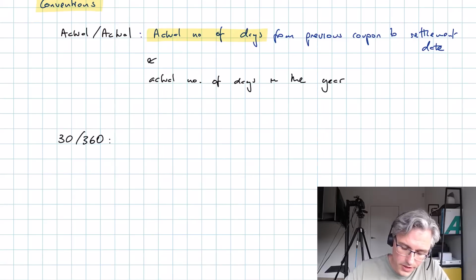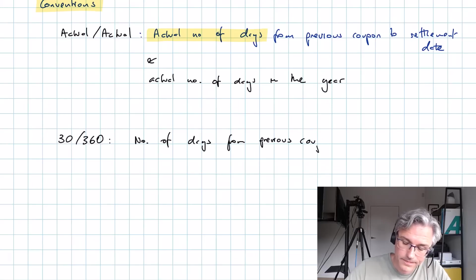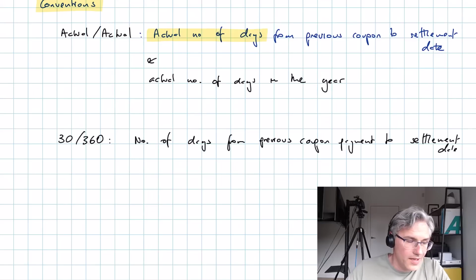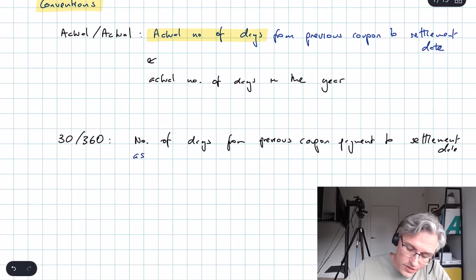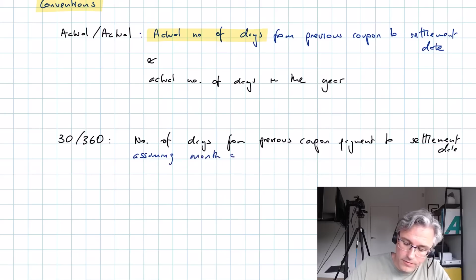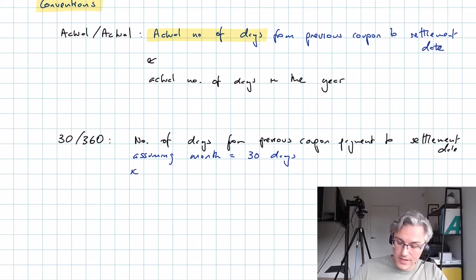This is where you assume the number of days from the previous coupon payment to the settlement date is computed assuming a month equals 30 days, and of course additionally there are 360 days in the year.